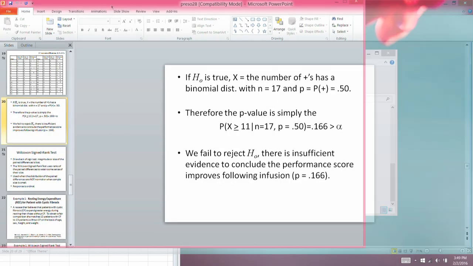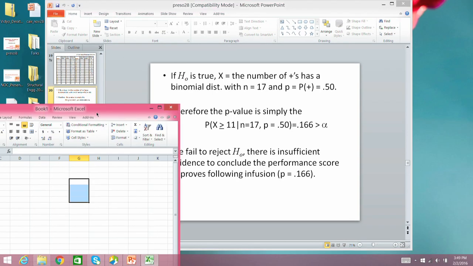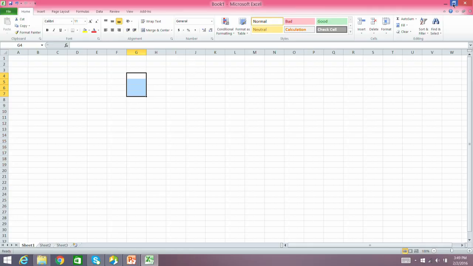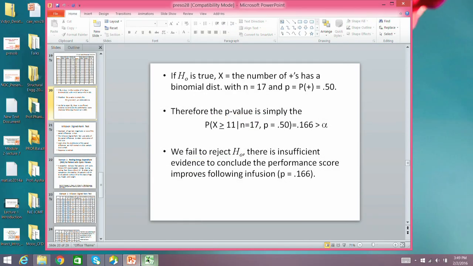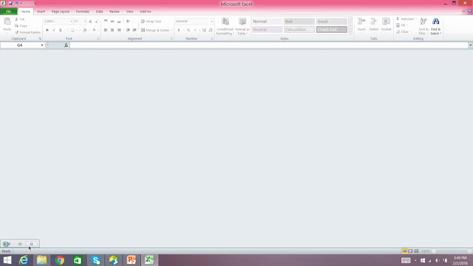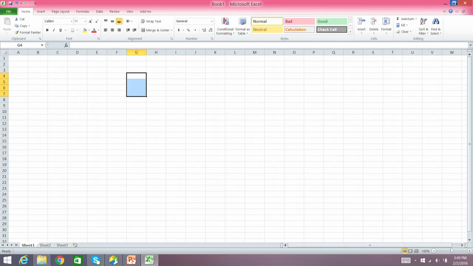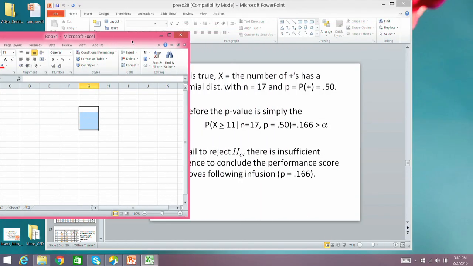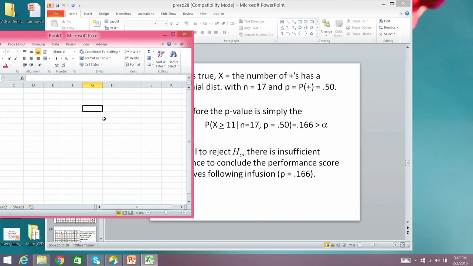We use the binomial distribution relationship. So binom, 11 out of 17 with the probability of 0.5, false.